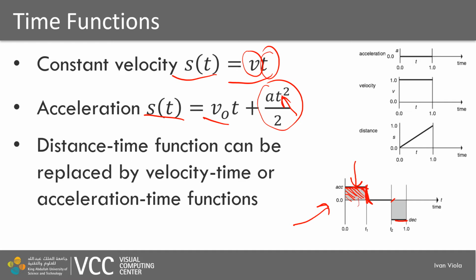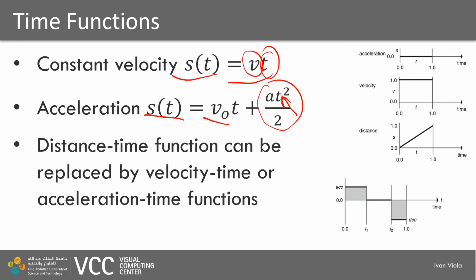If we take some time in between, ta, let's say, the smaller area will be the velocity obtained until the time ta. So here we are changing and increasing the velocity with such a plot, and with the integration we can calculate the velocity at a particular time.